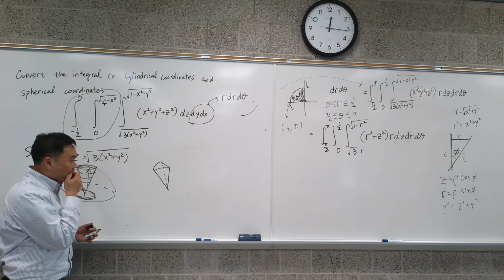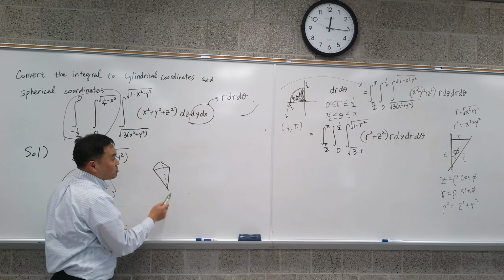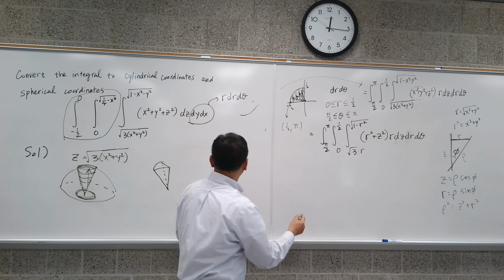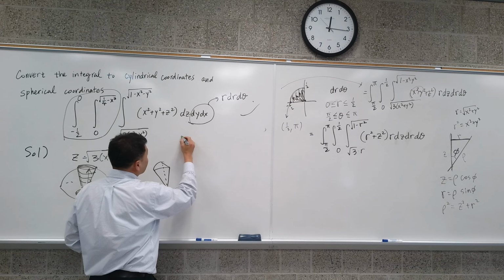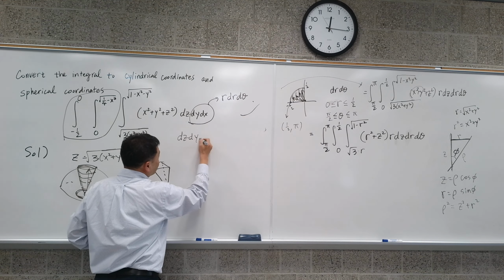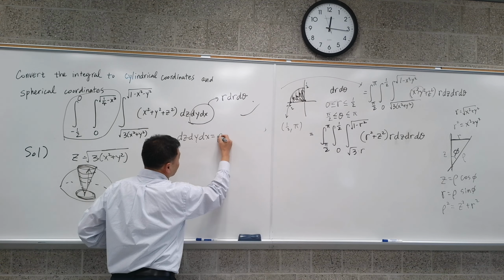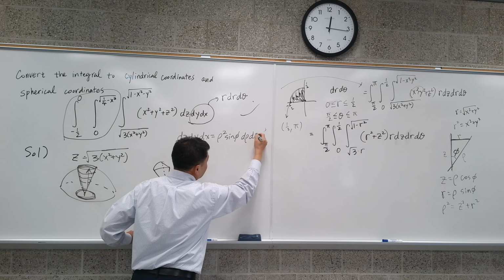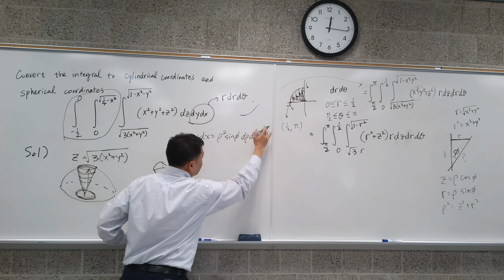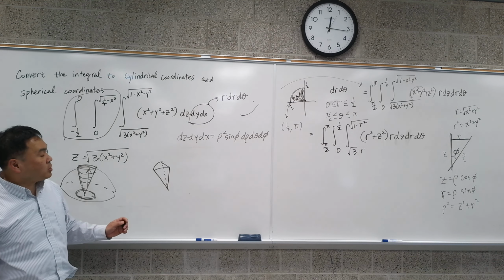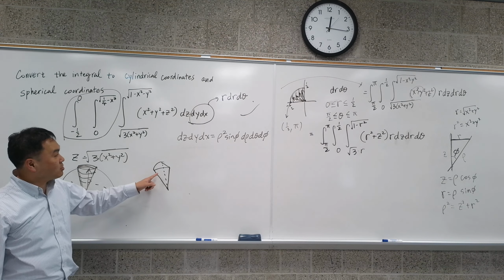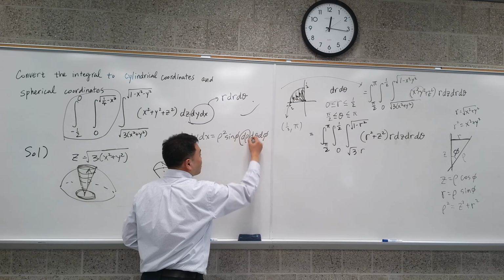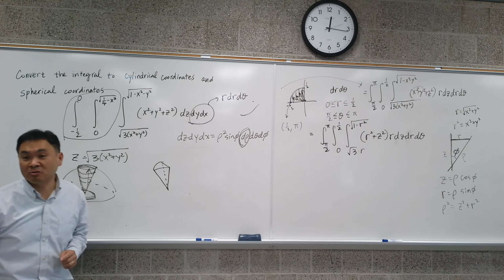All right, so we're trying to paint this region by d rho first. Remember, dz, dy, dx, we learned that this is rho squared sine phi, d rho, d theta, d phi, okay? So we need to now talk about this region, trying to fill that region with respect to d rho.